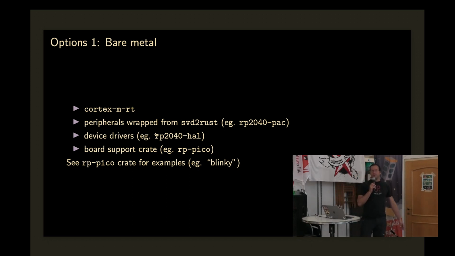That also copies static variables that are initialized from your ROM into your RAM, that kind of thing. And then crates build up on that, and on the lowest level, they are using the hardware description that nowadays the vendor provides to give you register descriptions that you can use according to the datasheet.